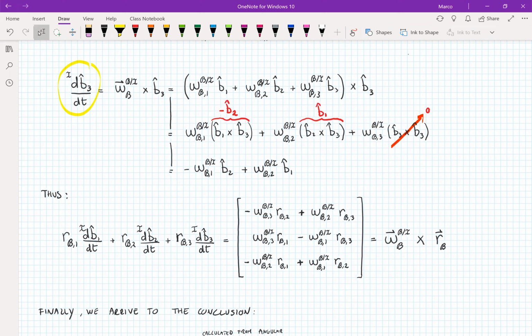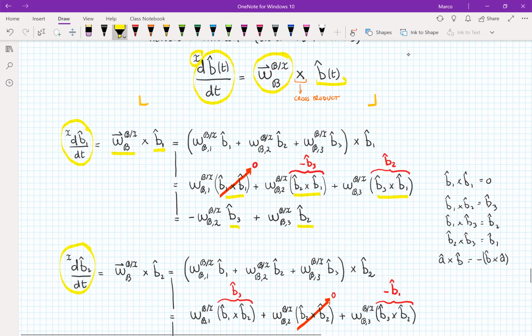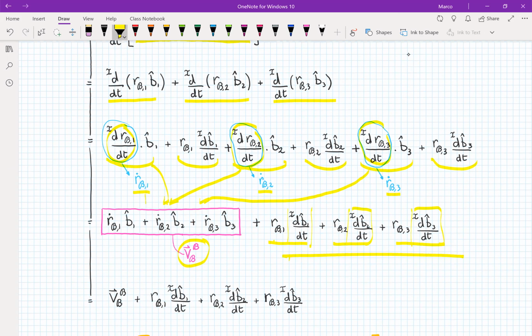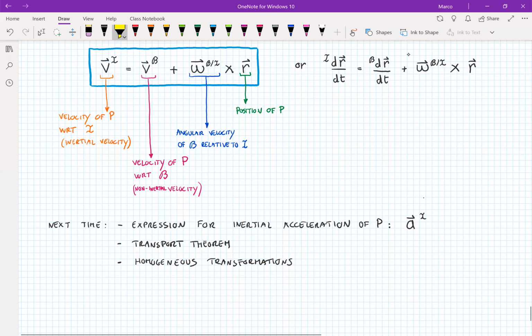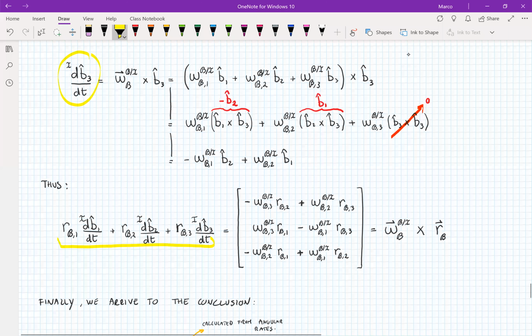Finally, we can write down the three components that we're missing, these three. So here we have the vector, but it can also be written generally as the cross product of the angular velocity with the position vector in the b coordinates.